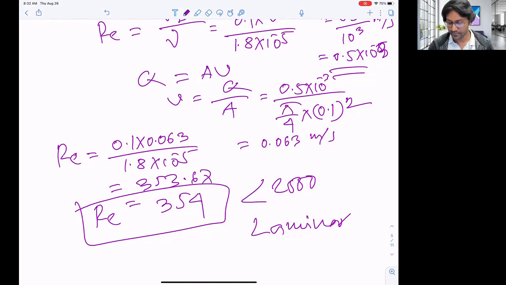So I think I'm done with this experiment, and we have one experiment left. In the last experiment we will see the head loss because of minor losses because of fittings, and we'll calculate everything.